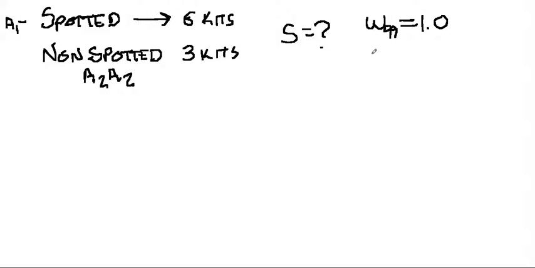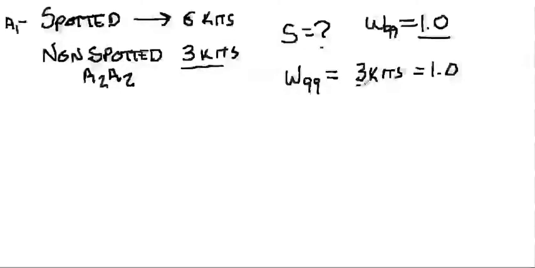So how can we get 3 kits equaling 1.0? The simplest way is to just divide their fitness by itself. So if I want to get the WQQ fitness value, that is 3 kits, and I need it to equal 1.0, the simplest thing I can do is divide it by 3 kits, and now 3 divided by 3 is 1.